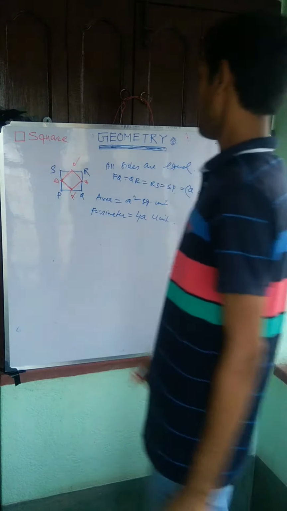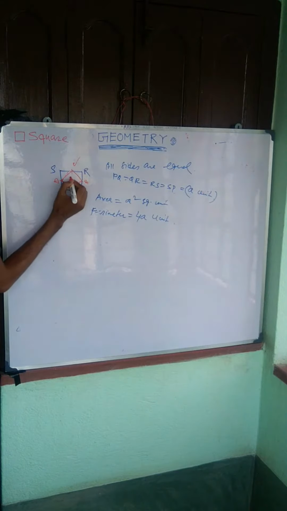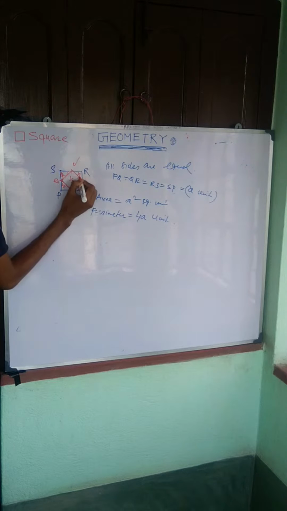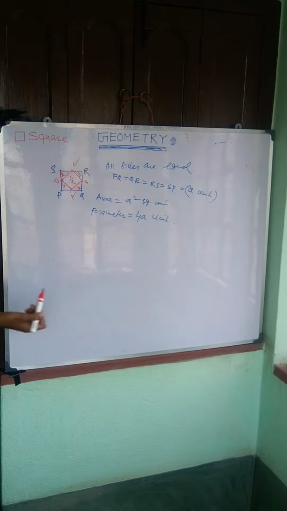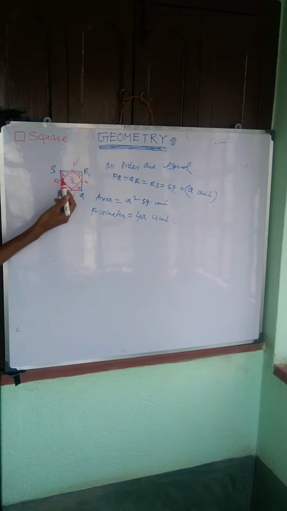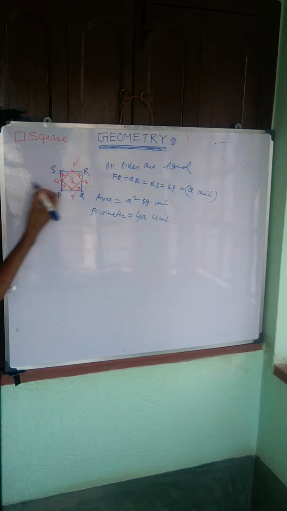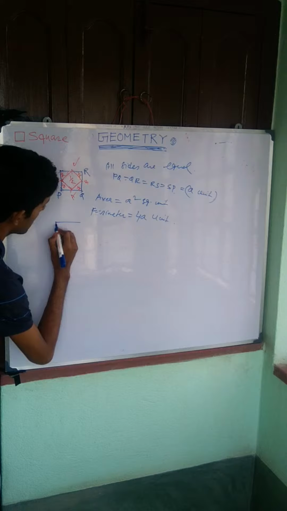The area of this square would be half, and the area of each triangle would be 1/8. If you sum up 1/8 into 4, it equals half, plus half equals 1. You know all the angles of the square are 90 degrees. And one more property is here.